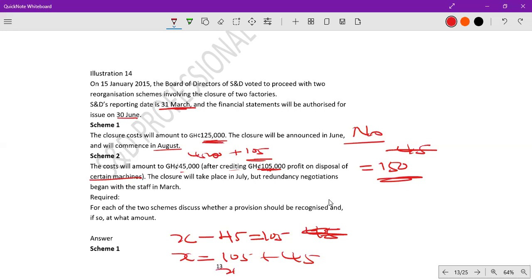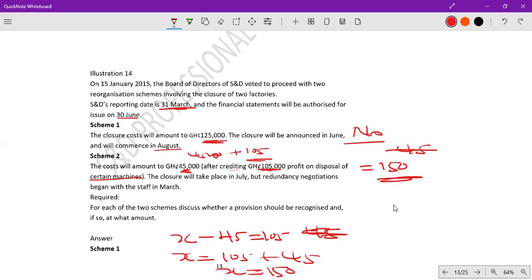Therefore, the amount is 150. This is what I mean. This was the net amount. So all restructuring must be recognized at their gross amount, not the net amount.